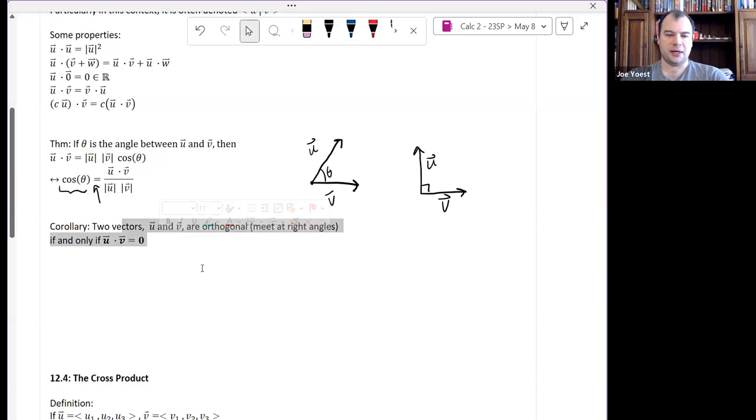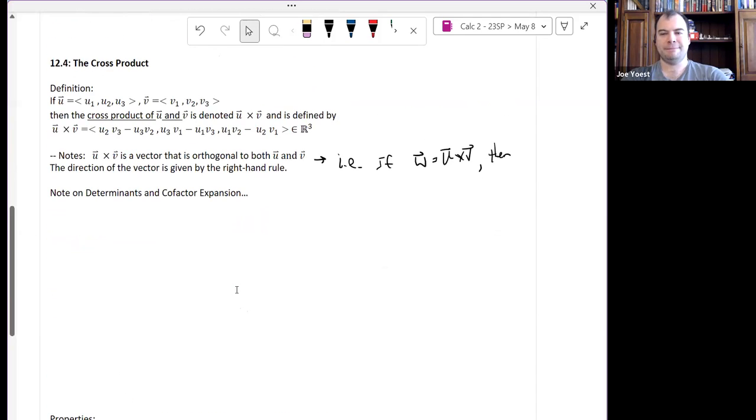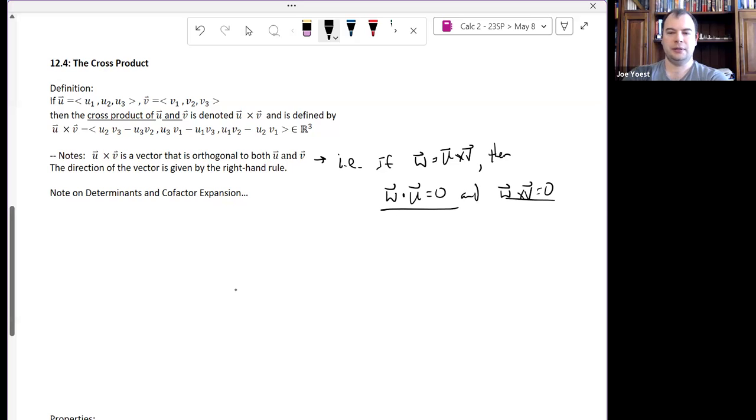That meant that the dot product is 0. So the cross product, if we call that resulting vector, let's say w, the cross product between u and v, then w dot u is 0 and w dot v is 0. And that's fairly straightforward to check.